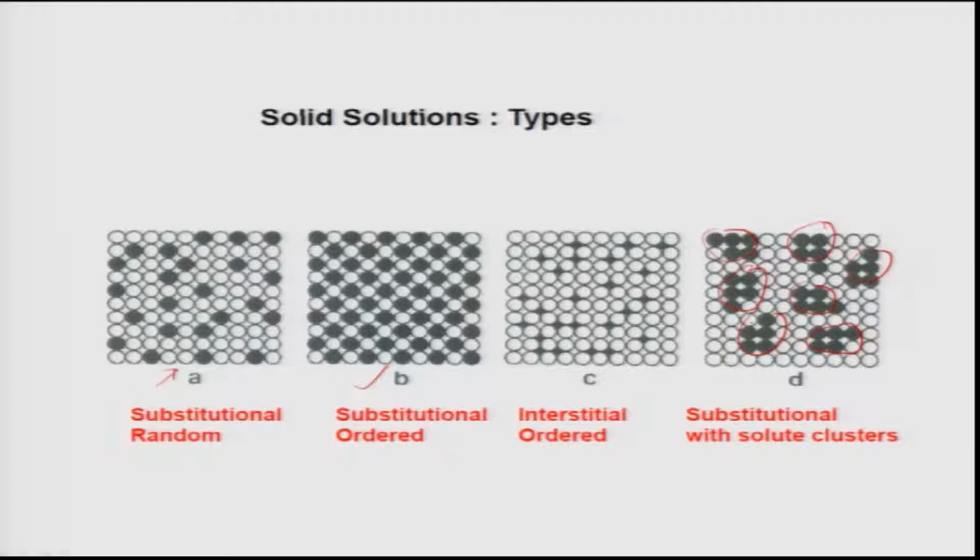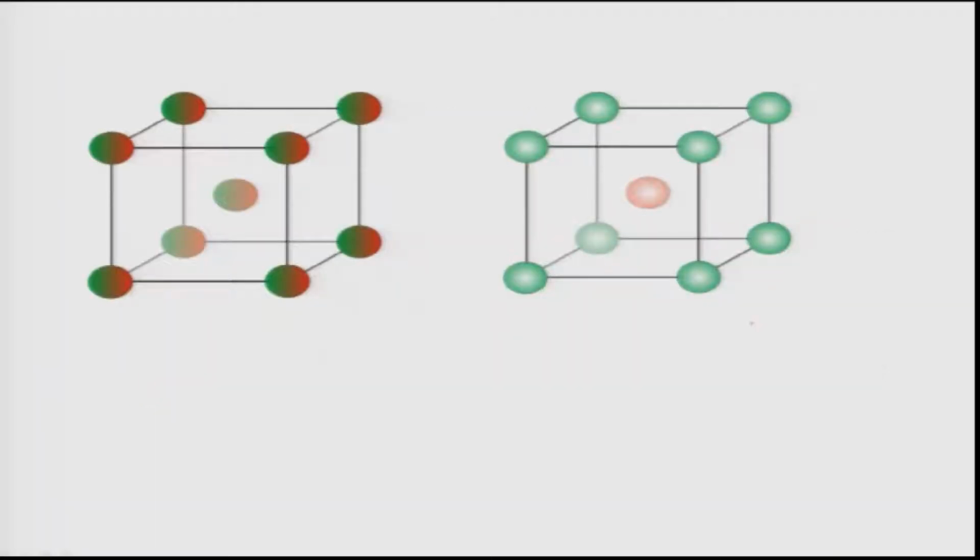Cluster means they are sitting together, not widely dispersed over the lattice positions. So substitutional solutions can be of 3 types: random, cluster type or order type. Depending on their nature, the free energy curves will change. In fact, I will discuss some of these in today's lecture to give you a better idea of order-disorder, because ordering is very important for us.